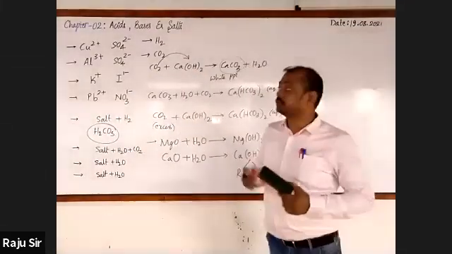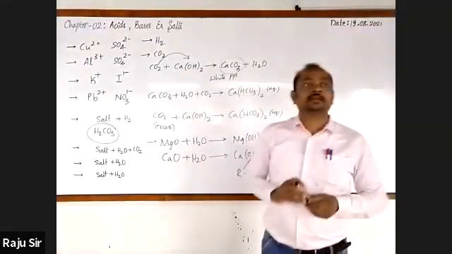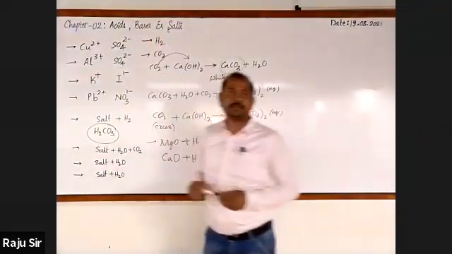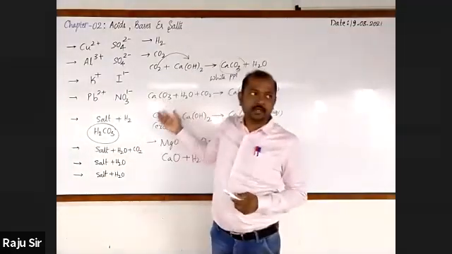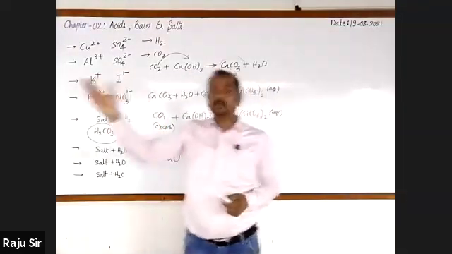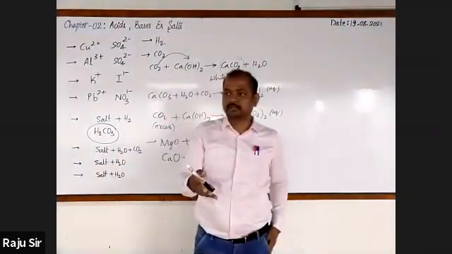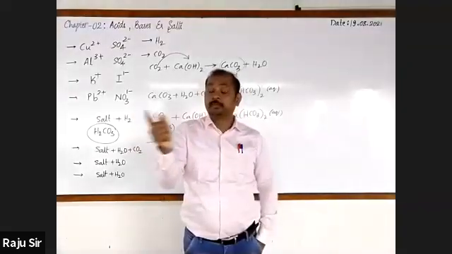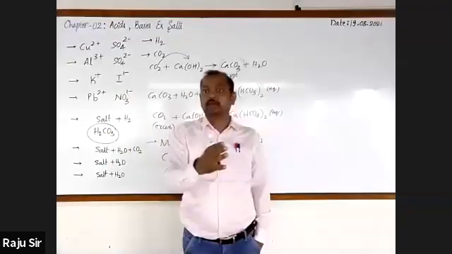Now we are moving to the next part of this chapter. In this part, we will focus on the chemical properties of bases. Like in acids, we'll check the reaction of base with metals, base with non-metallic oxide, and base with acid.